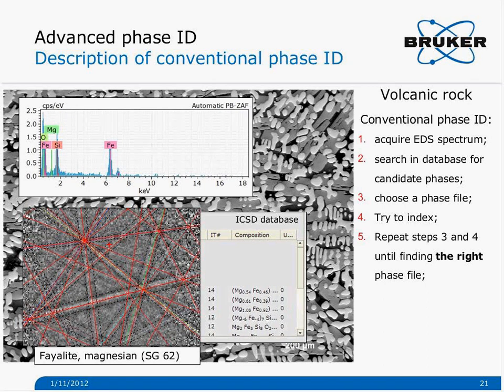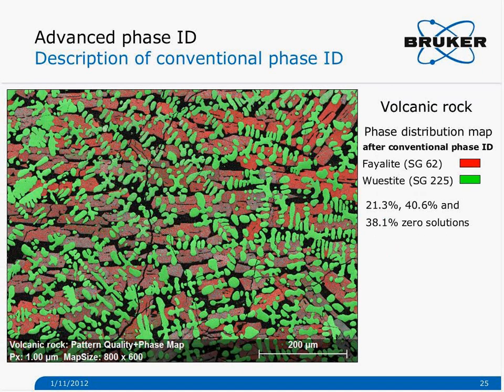Another negative point of the manual, conventional phase ID is that it does not always give the best results.